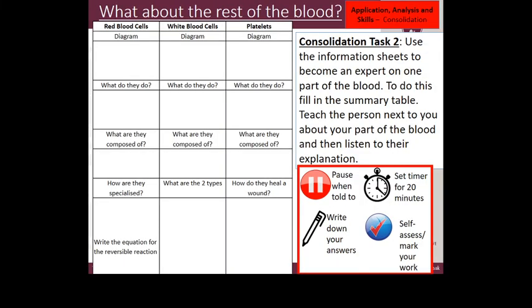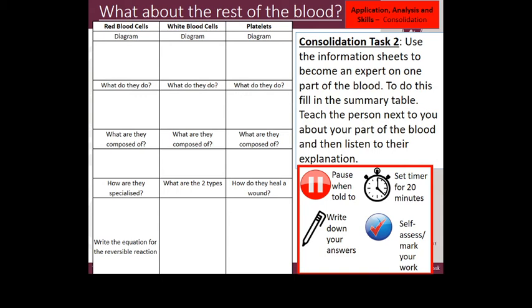Okay, so we have consolidation task 2. You will find this table on your Word document. You are going to fill in the table. There is another PowerPoint which says information sheet. There's some information there.